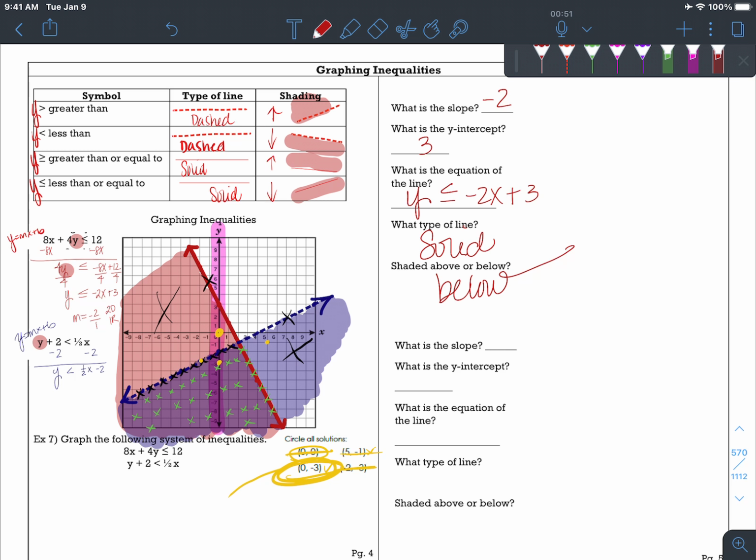For my second equation, the one in blue, my slope was positive 1/2. My y-intercept was -2. My equation was y is less than 1/2 x minus 2. This was going to be my dashed line. And of course, we shaded blue. All right, let's continue forth.